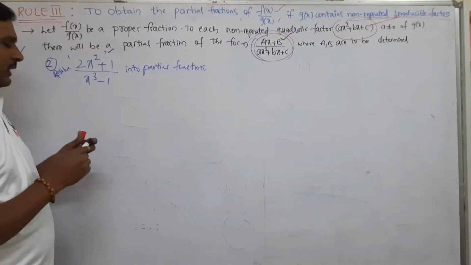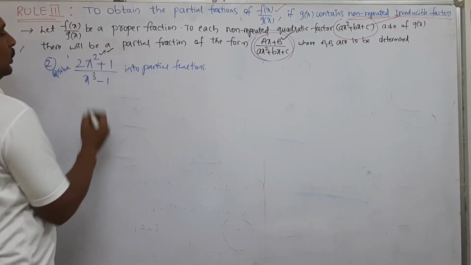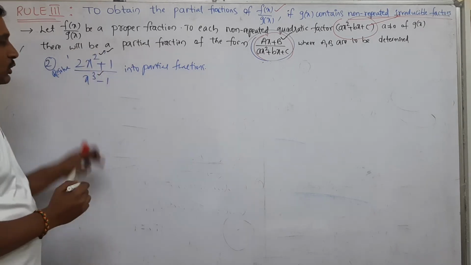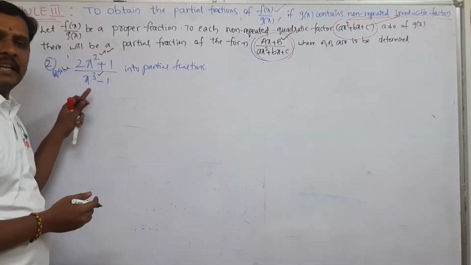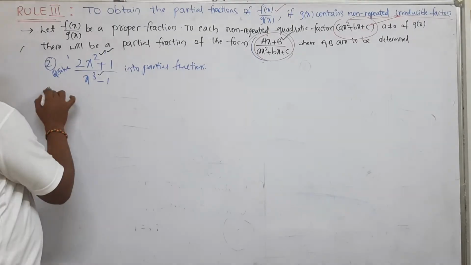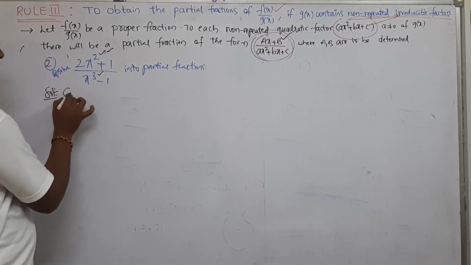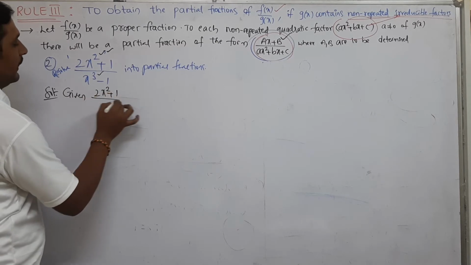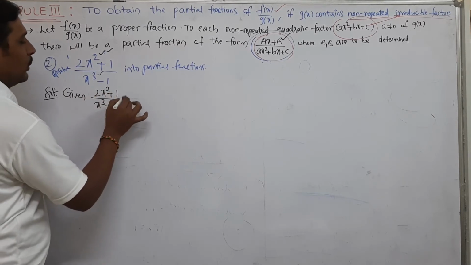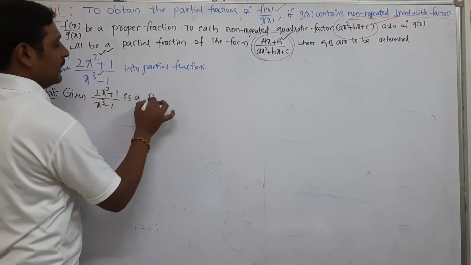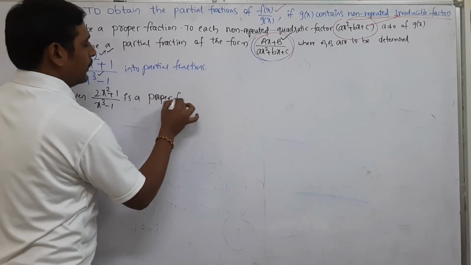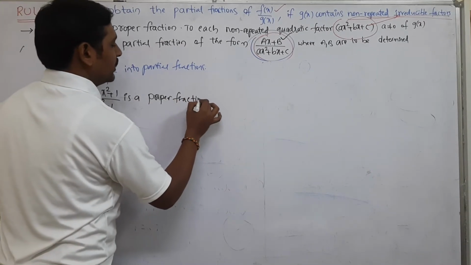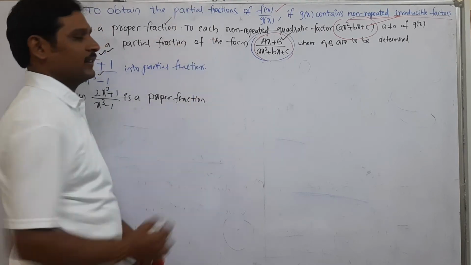Now you can see here the degree of numerator is 2, the degree of denominator is 3. So the numerator degree is less than the denominator, hence it is a proper fraction. So the given 2x square plus 1 by x cube minus 1 is a proper fraction. So the first condition is verified.